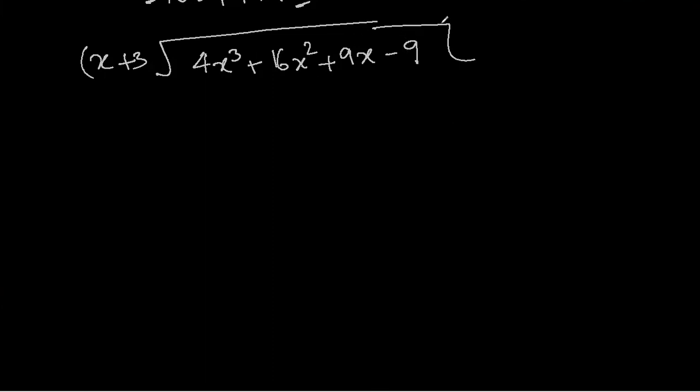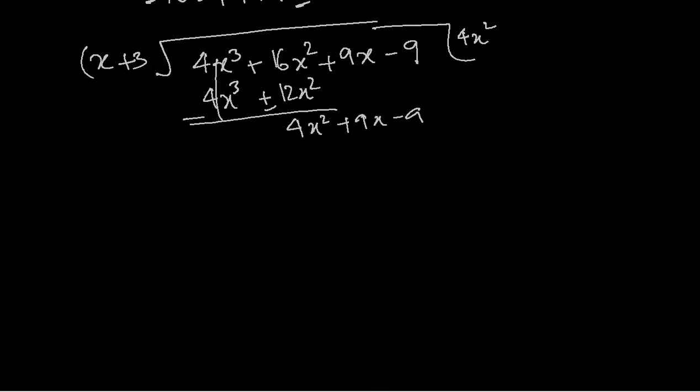Okay, so x plus 3, 4x square, 4x cube, long division again, okay, plus 4x square times 3, 12x square, 4x square plus 9x minus 9 plus 4x square plus 12x.